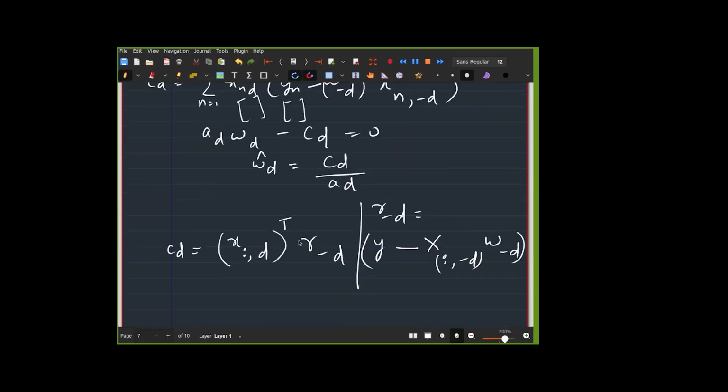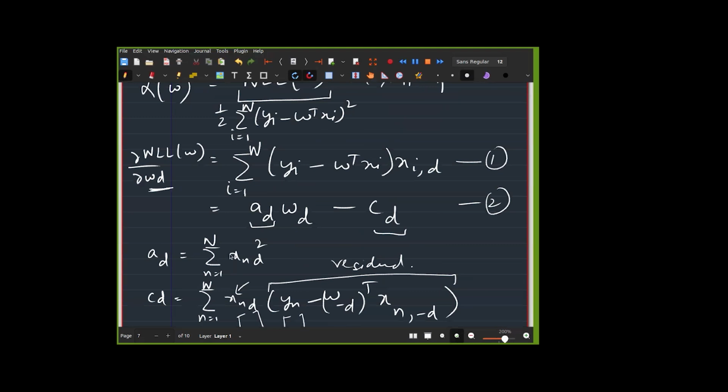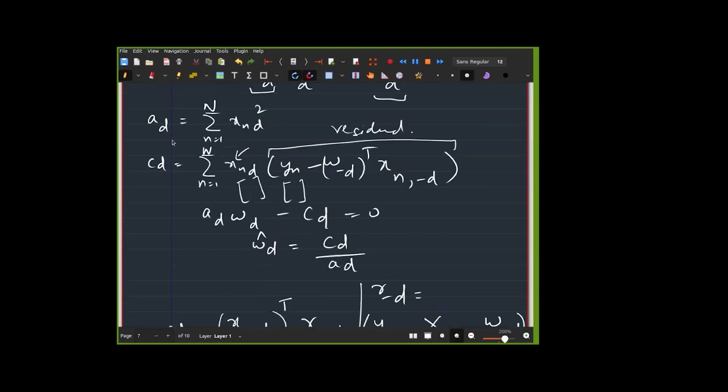So in some sense, if I bring everything together, and of course AD can also be written in the vector form because there is something squared sum. So it kind of gives a feel of L2 norm squared. So AD can also be written that way. So finally, my WD hat is equal to CD by AD.